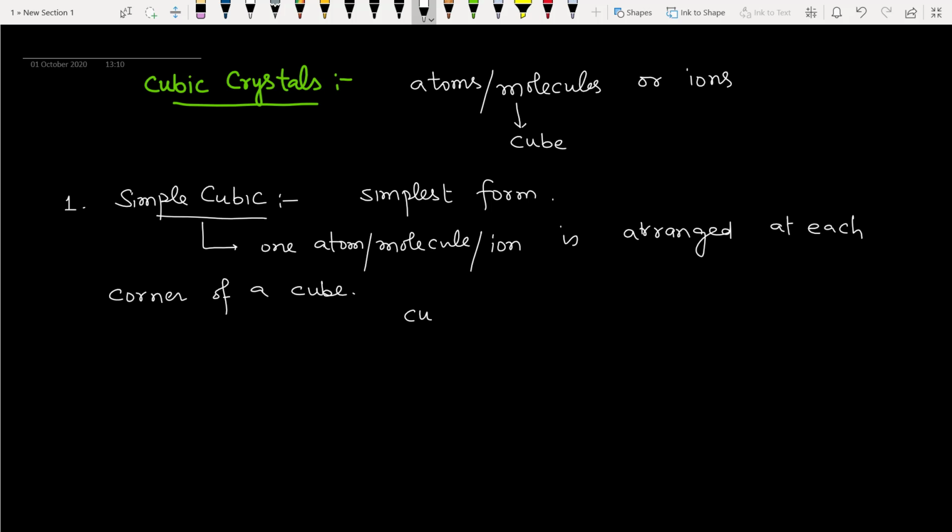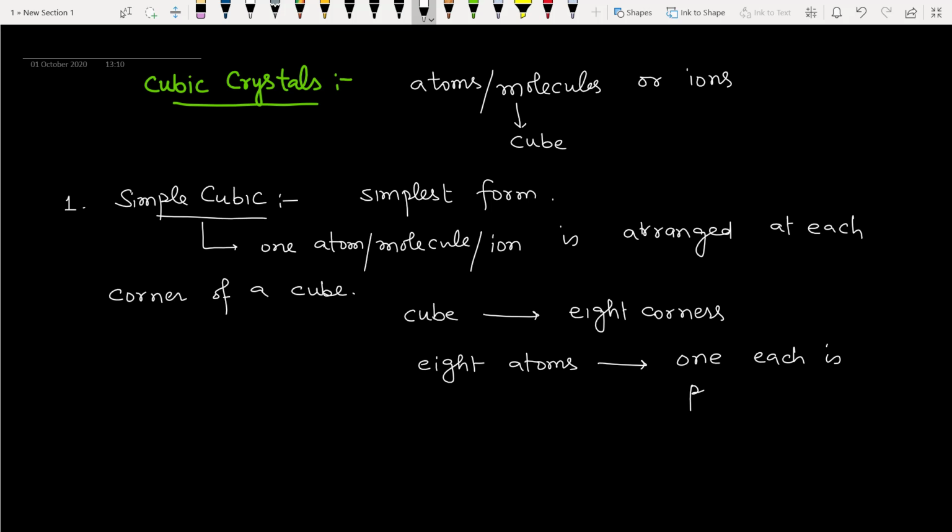As a cube has 8 corners, there are 8 atoms, one placed on each corner.